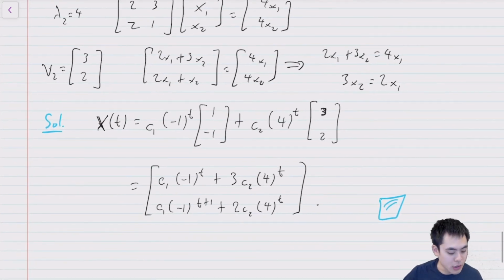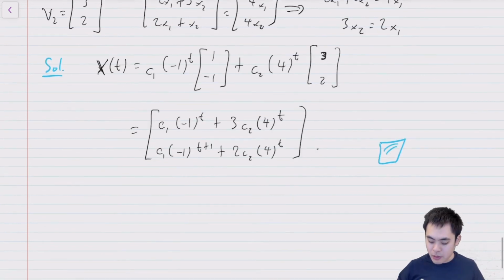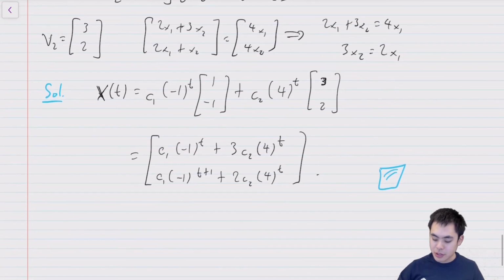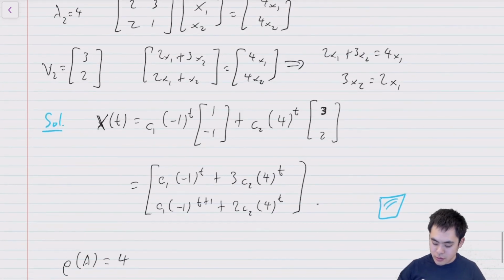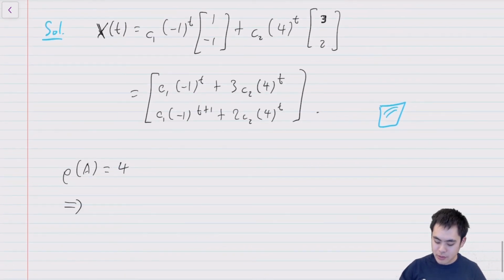Furthermore, we can also say something about the spectral radius of the system. The spectral radius, rho of A, is equal to 4, because lambda 2 is equal to 4. Which implies that the limit as t goes to infinity of A to the t is not equal to 0.